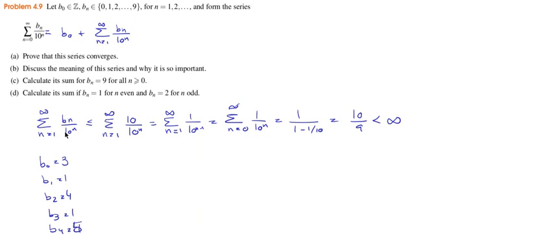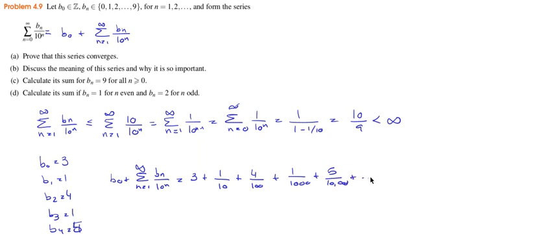So if we expand this series, we have b sub 0 plus the sum from n equals 1 to infinity of b sub n over 10 to the n, and then we have 3 plus 1 over 10 plus 4 over 100 plus 1 over 1,000 plus 5 over 10,000 and so on and so forth.